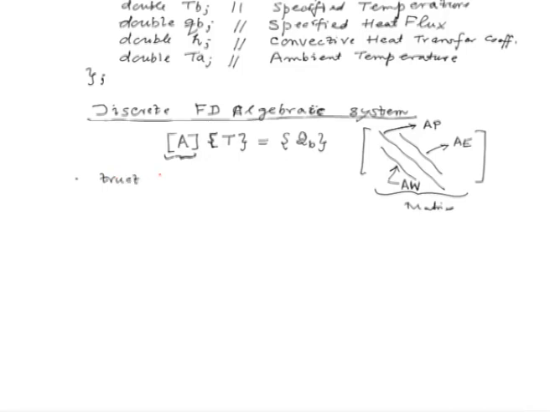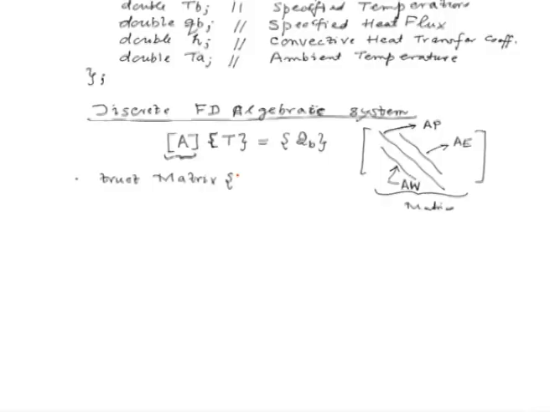So struct matrix now. We do not know how many nodes users might specify. So we would like to provide the user with the flexibility of providing any number of grid points when a solution process starts. So we are not going to have any fixed arrays in our design. So let us use dynamically allocated arrays, which would be represented by pointers in this struct matrix.